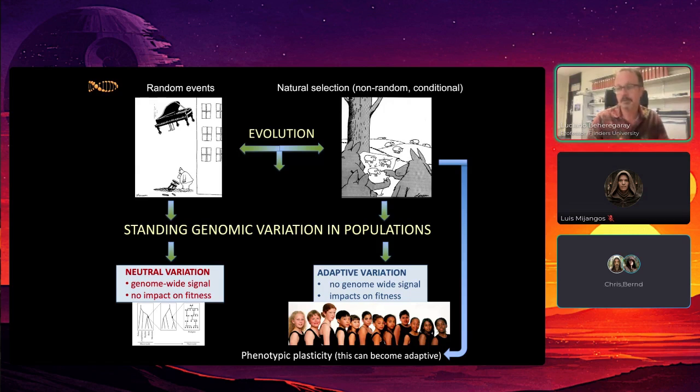So let's always consider the possibility that populations are responding via phenotypic plasticity in addition to genetic adaptive diversity already fixed within the genome. And that phenotypic plasticity, if there is very strong directional selection on it, can eventually become adaptive. So it really does matter within this context. In our workshop, we will focus on standing genomic variation, not on plasticity, both on neutral and adaptive variation.